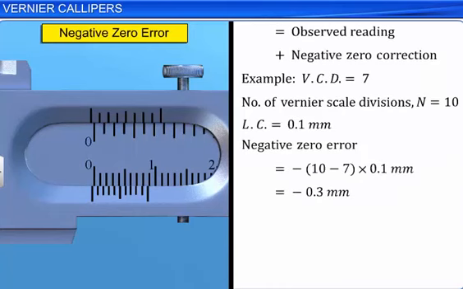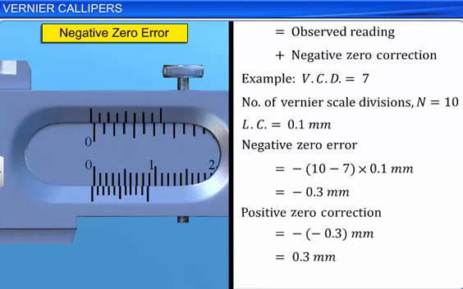The negative zero error is equal to minus of (10 minus 7) into 0.1 mm, which is equal to minus 0.3 mm. Then, the zero correction is equal to minus of minus 0.3 mm, which is equal to 0.3 mm.